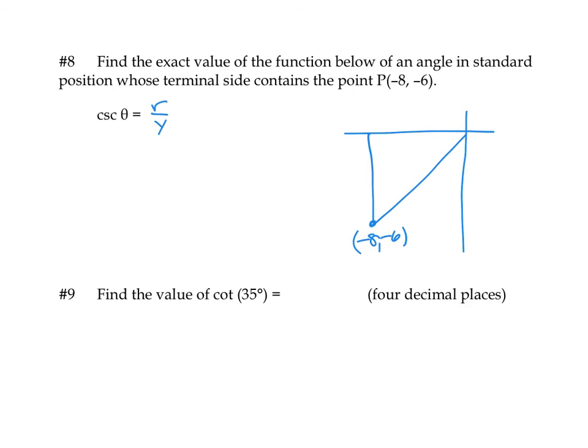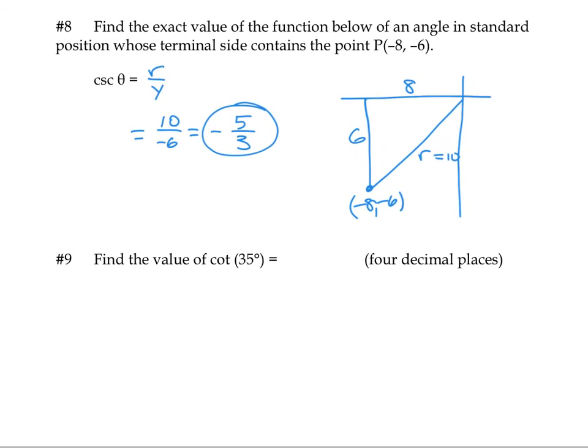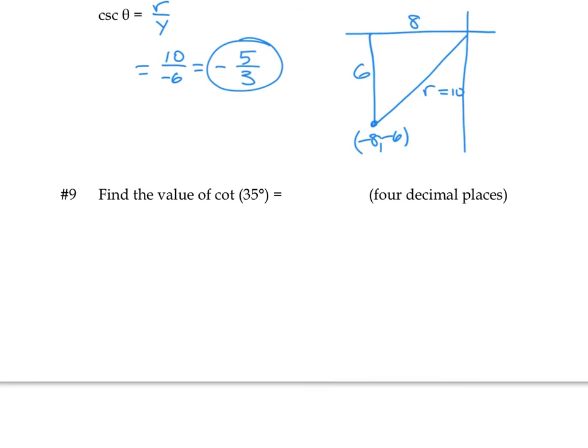So we know a y value, -6. We don't know the r value. So we can do 6 squared plus 8 squared equals r squared. So r is going to come out to 10. So in this problem, we have r is 10, y is -6. This comes out to -5/3 as our ratio.